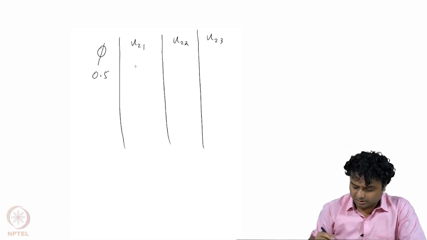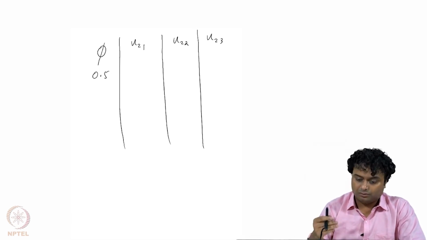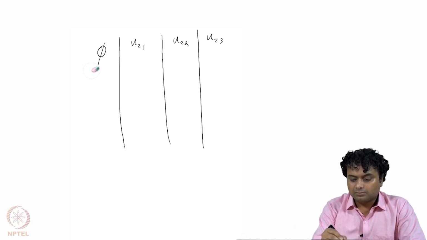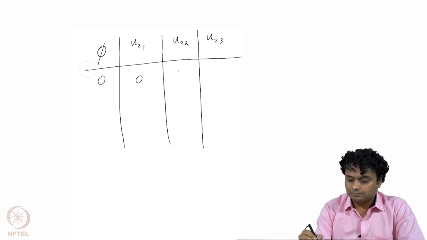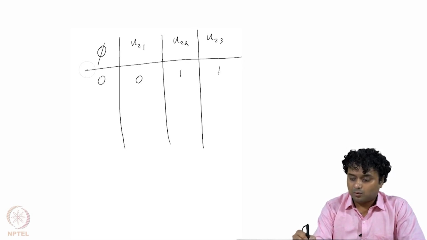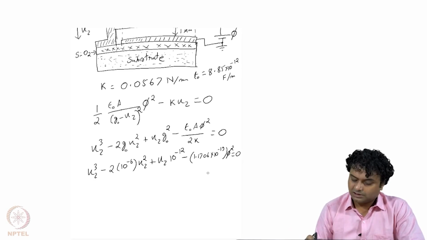the first case, let us see what happens if phi is equal to 0. Phi equal to 0, then one root will be 0 and the other two roots will be 1, 1, right? And that you can see from this equation also. If you put phi equal to 0, then it becomes uz cube minus 2 into 10 to the power minus 6 uz square plus uz into 10 to the minus 12 equal to 0.